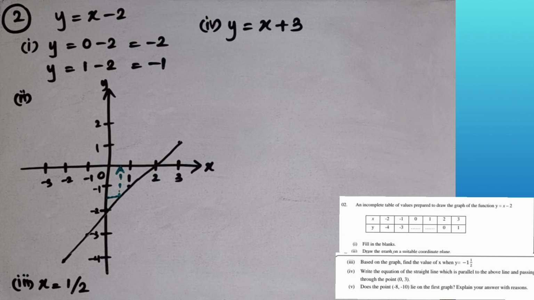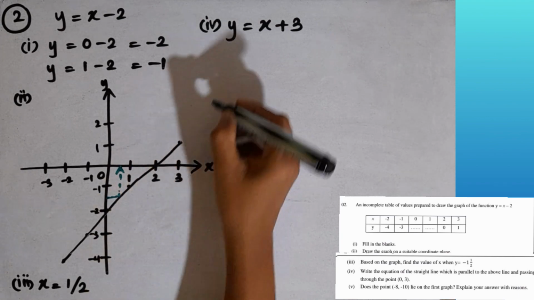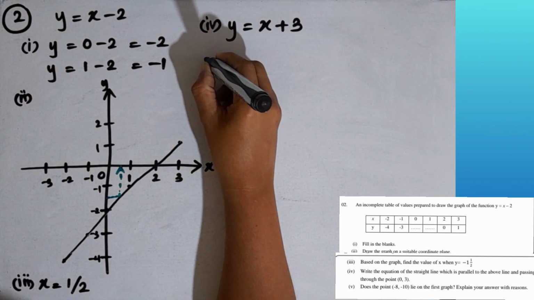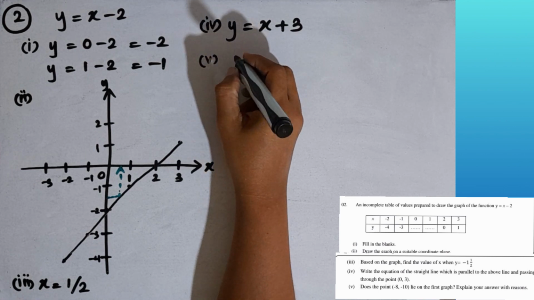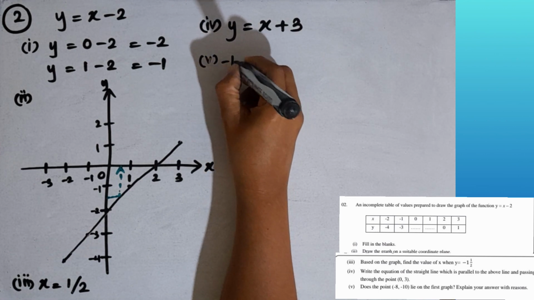Then last one, question number 5. Does the point minus 8, comma minus 10 lie on the first graph? Explain your answer with reasons. If you substitute this coordinate into the equation of the straight line, y equals x minus 2, the y coordinate here is minus 10.